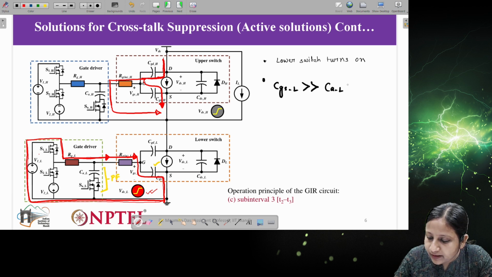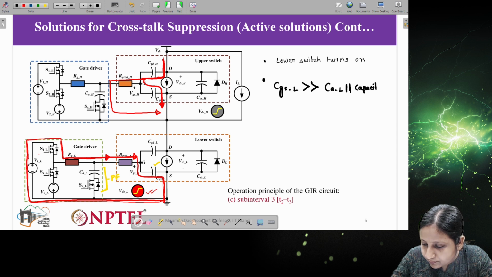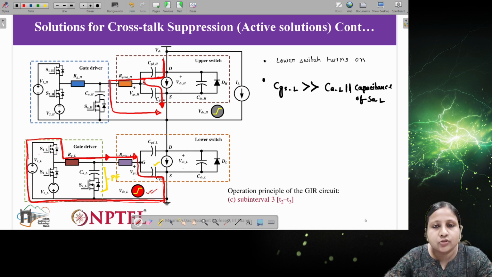So that is why this CGSL will be much higher.